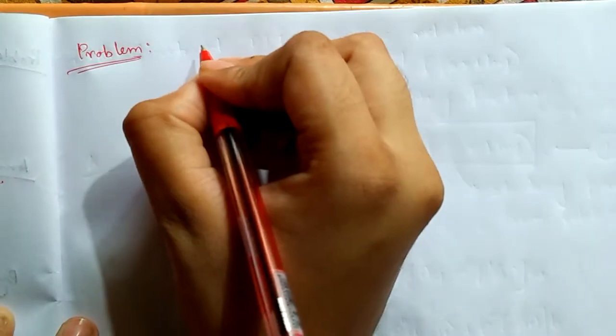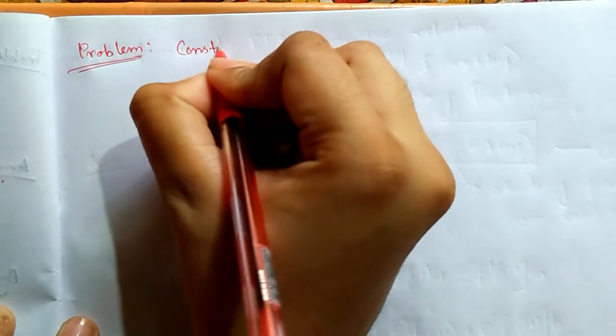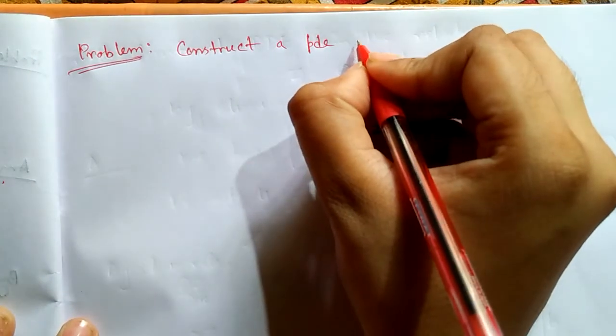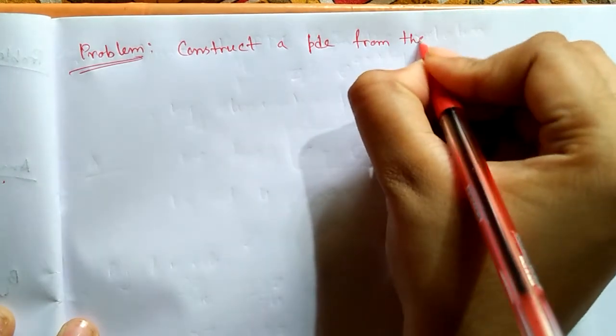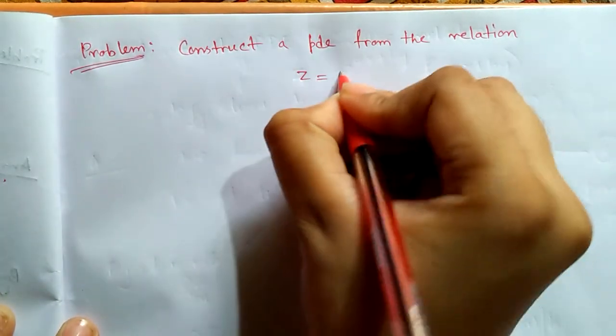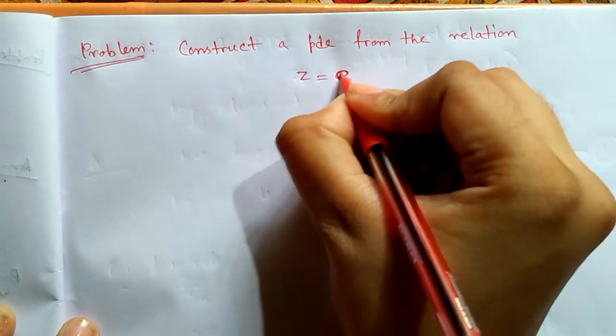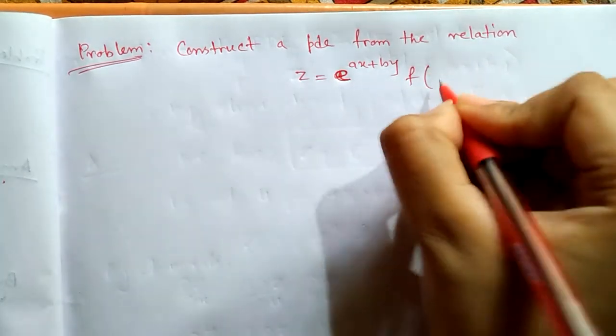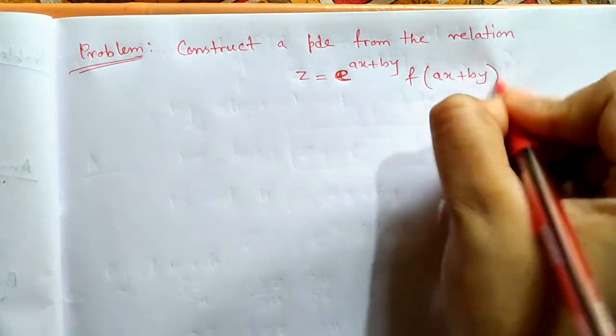For example, suppose this is our problem: construct a PDE from the relation z equal to e to the power ax plus by times f of ax plus by.